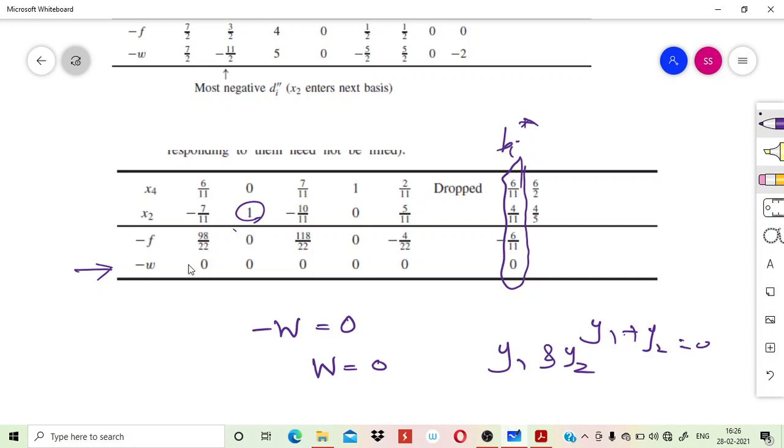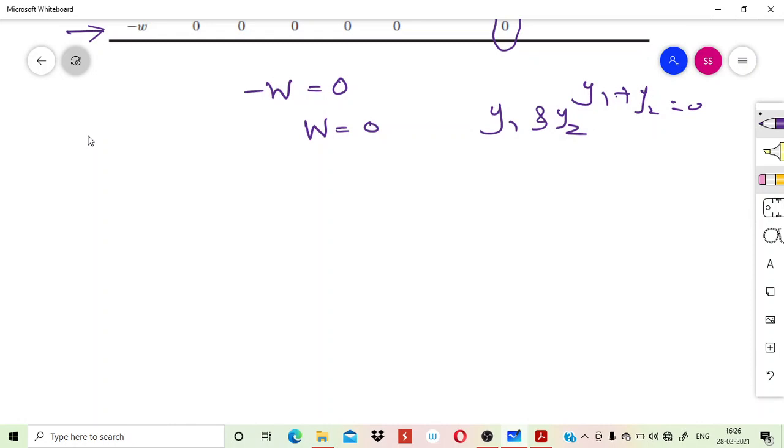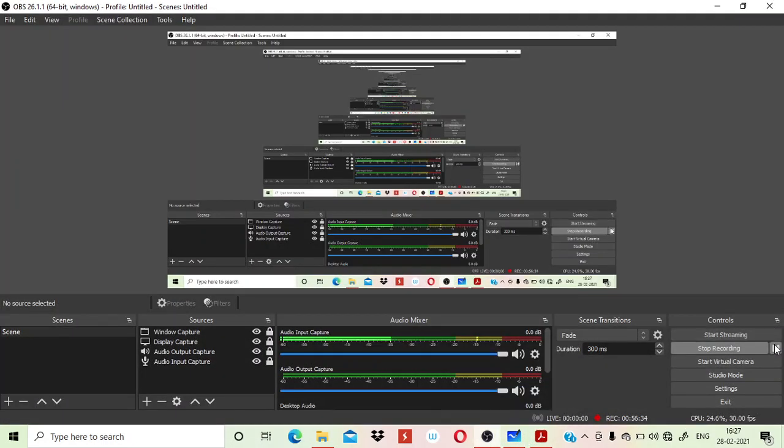Okay, and in phase 2 of the two-phase simplex method, we will proceed with the tabular formulation.